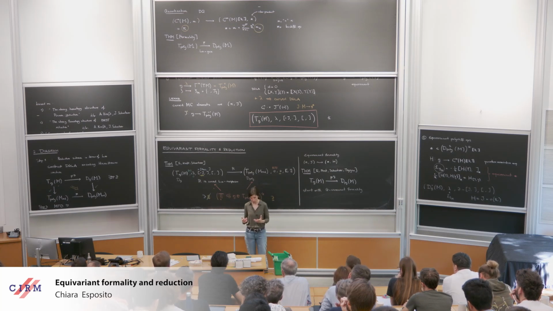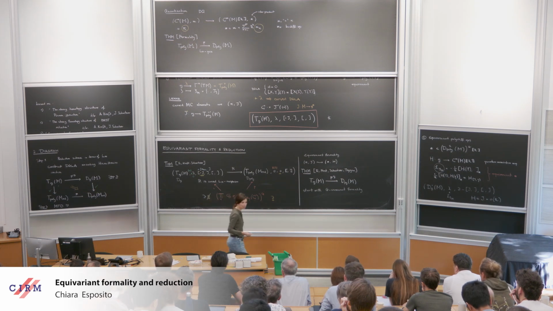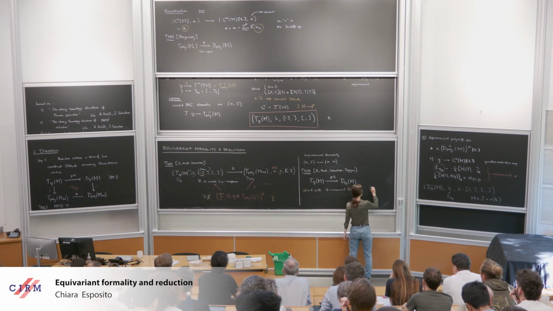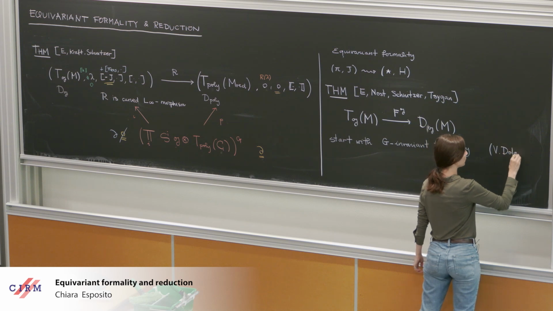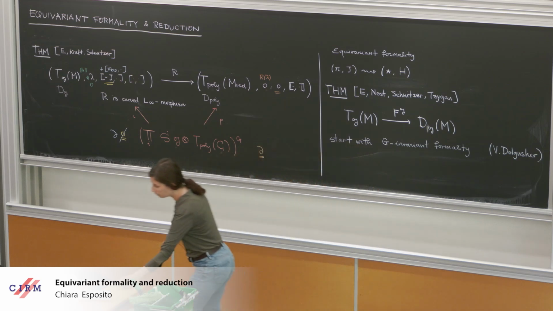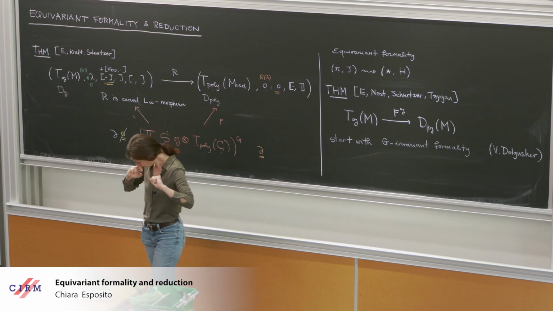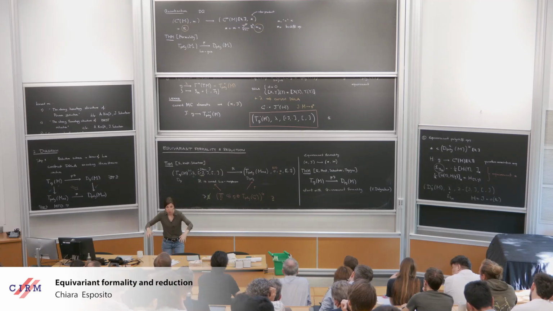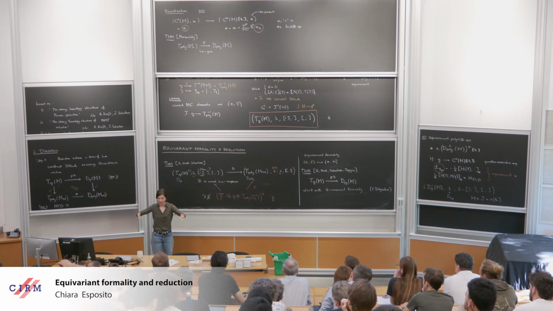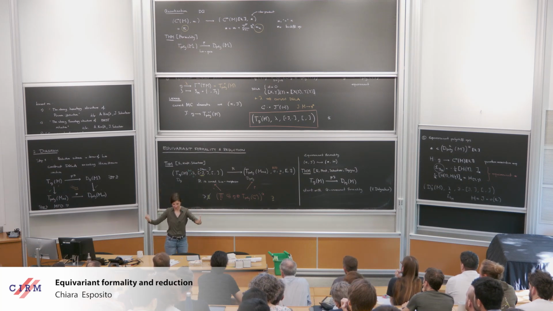What you can do, for example, is a beautiful proof given by Vasily Dolgushev, that essentially takes your DGLAs and resolves them a lot, in a way that the bundles you get are so big that the arrow among them is easy to get.